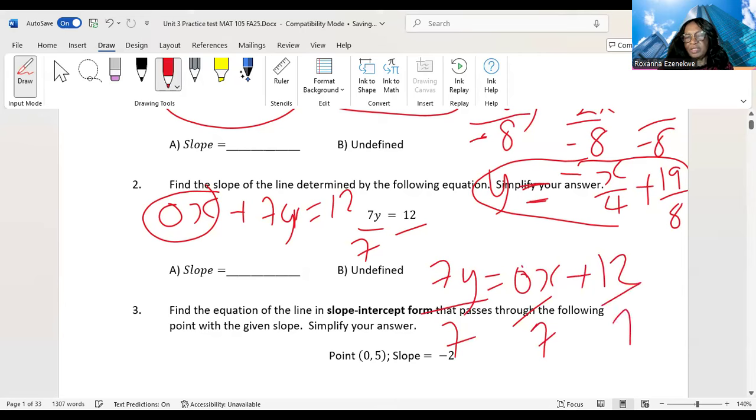Divide 12 by 7. So I'm just going to allow it to look like this. That way it makes sense why the slope is 0. So y is equal to 0 over 7 x plus 12 over 7. So the coefficient of x is the slope. So m is equal to 0 over 7.